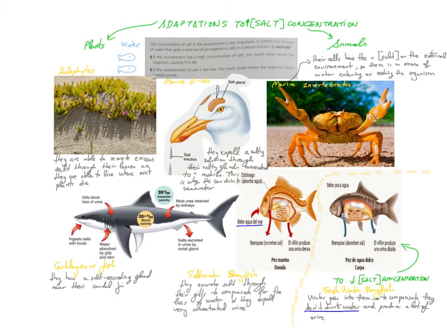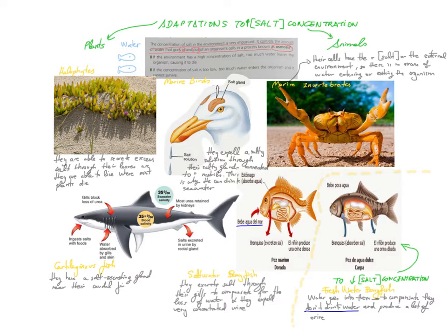Adaptations to the concentration of salt. Okay, first of all, we have to know that the concentration of salt in the environment is very important because it controls the amount of water that goes in and out of an organism's cells in a process known as osmosis.